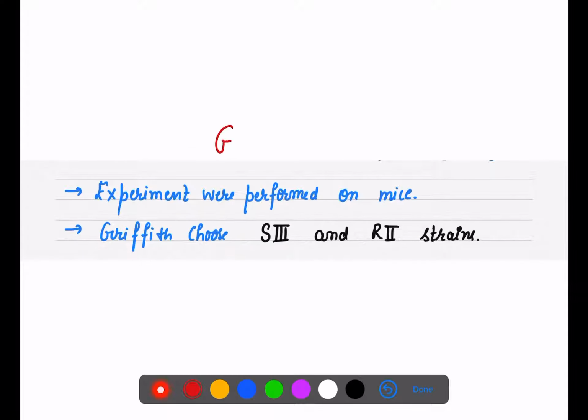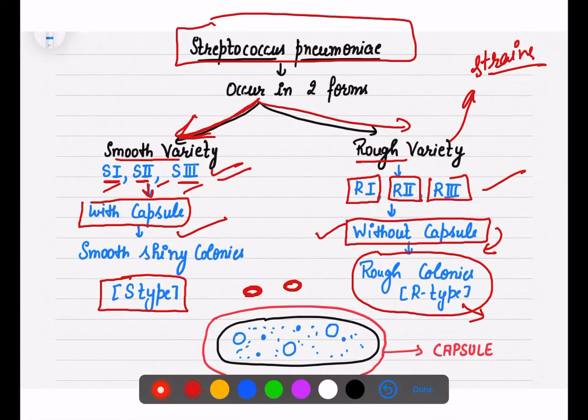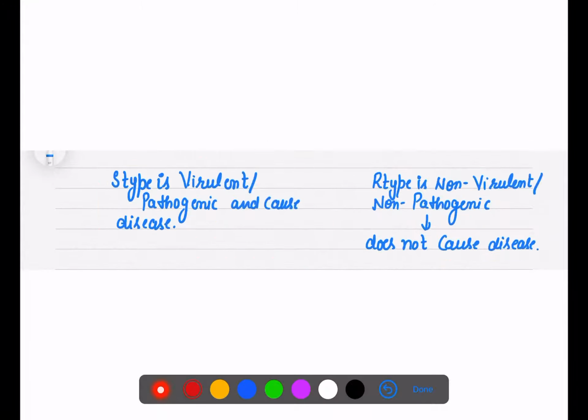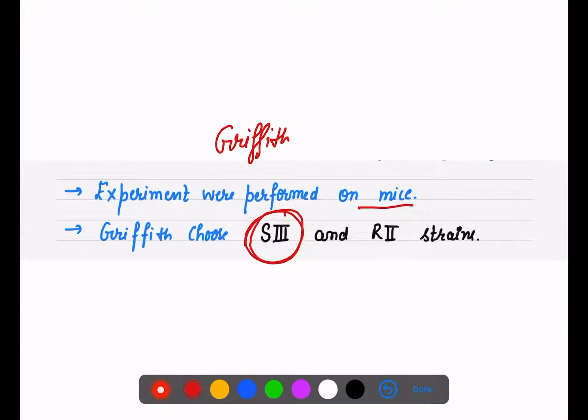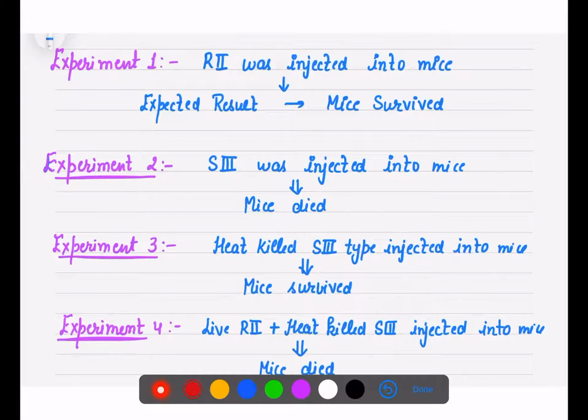Now Griffith performed his experiments on mice. And which strains did he choose? He chose S3, and from R he chose the rough variety R2. So he used two strains, S3 and R2. What was this experiment? Now listen to me carefully.